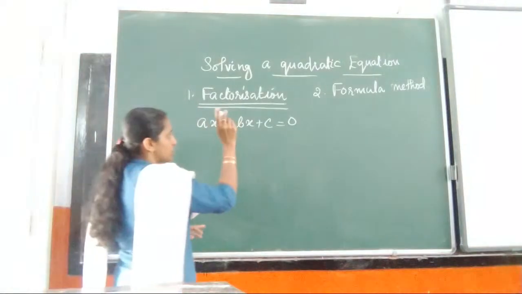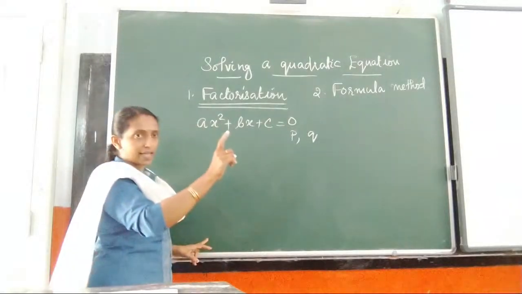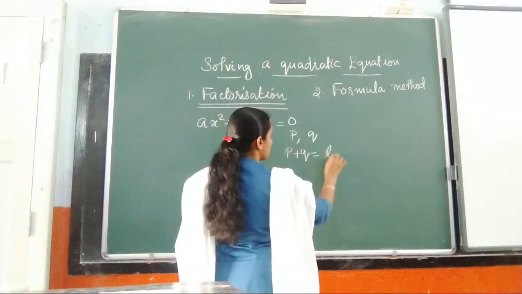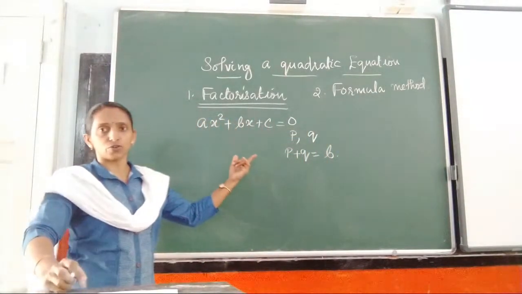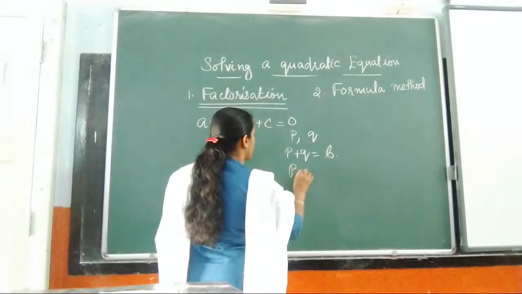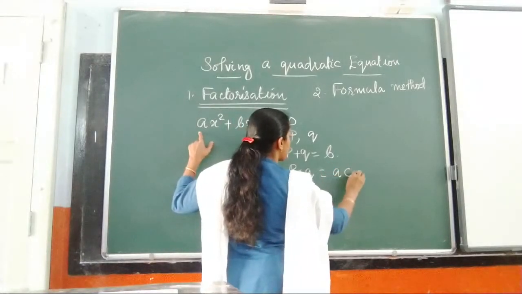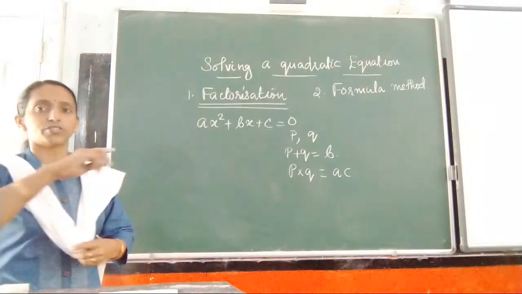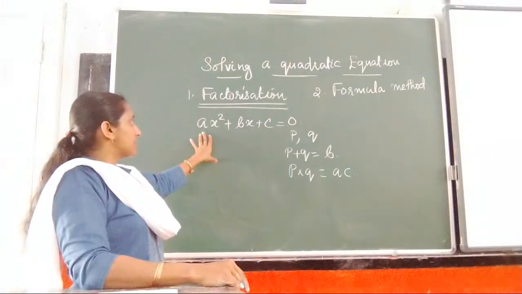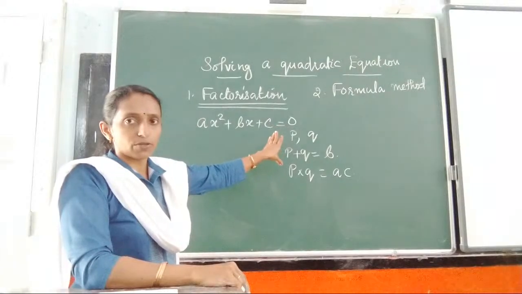We will find out the two numbers p and q such that p plus q will be equal to the middle term b, and p into q will be equal to the product of the first and last term, ac. So the standard form of quadratic equation is ax square plus bx plus c equal to 0.